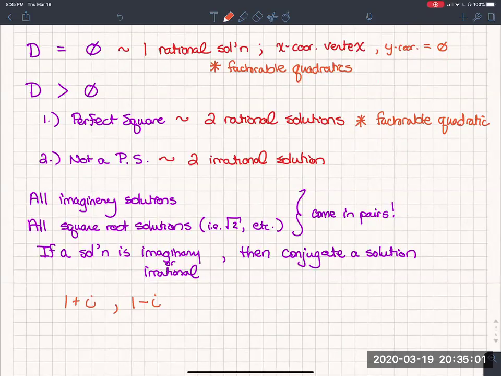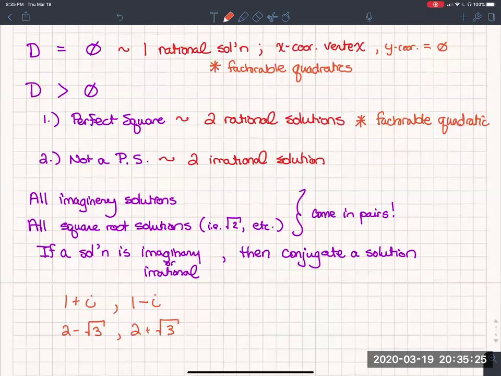Now, also, if you have irrational solutions, so say for example you have 2 minus root 3 as a solution, then its conjugate also is a solution. Okay, so if you have imaginary solutions, their conjugates are going to be solutions. If you have irrational solutions, their conjugates will be solutions.